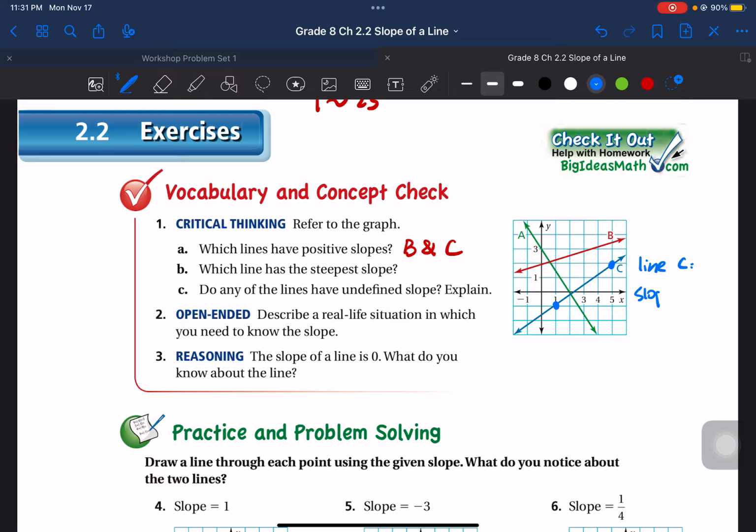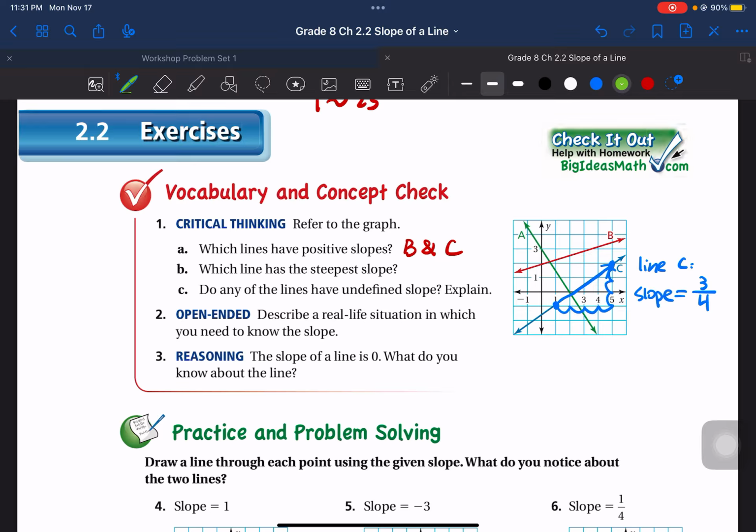Our slope is rise over run. From that point to the upper point, the rise would be 1, 2, 3, and the run would be 1, 2, 3, 4. So my slope is 3 over 4.